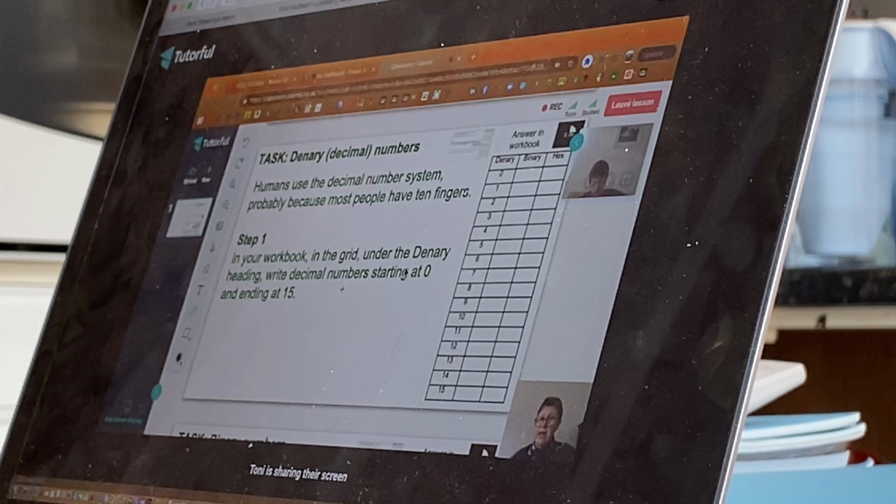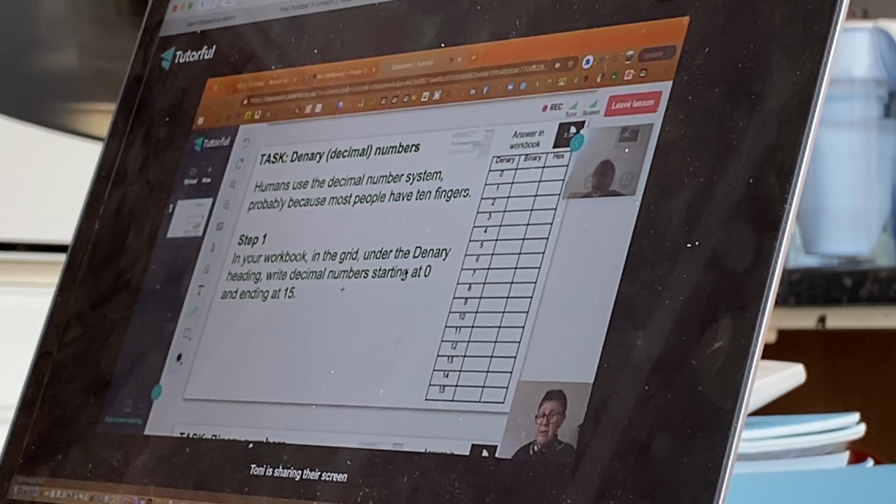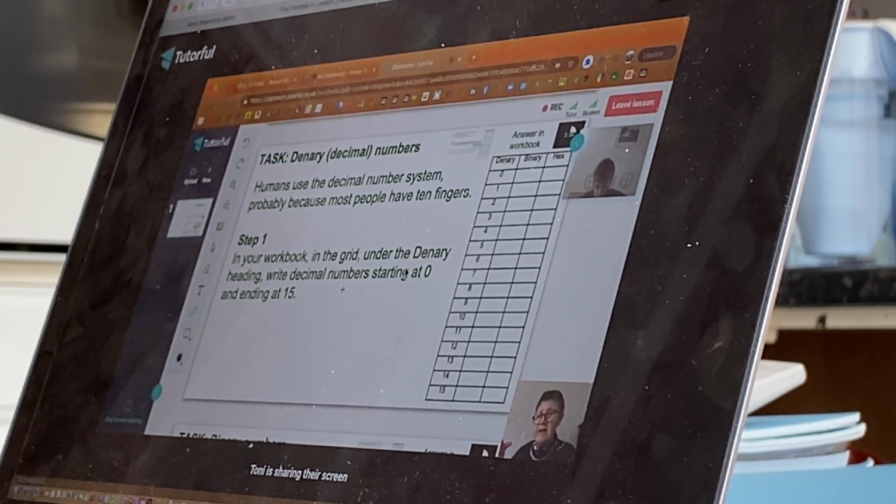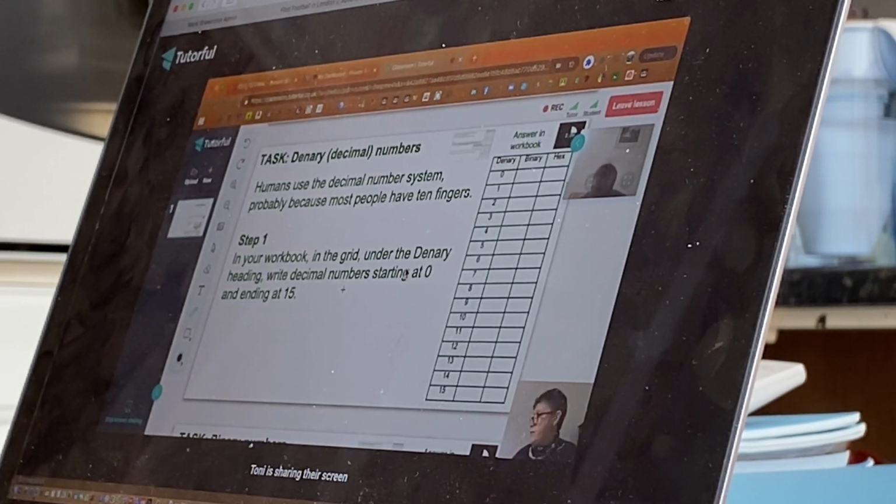On your sheet, the easiest way to do this, because you need 16 rows, is to draw a long rectangle, and then you split it in half, split it in half again, and split it in half again, and you roughly end up with about 16 rows. So you need a grid that is 16 rows and 3 columns. And it needs to be just big enough to write the numbers in.